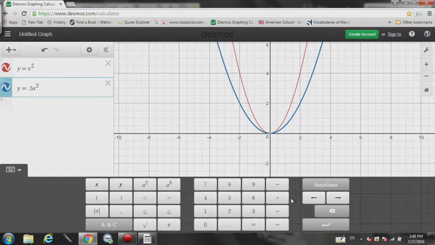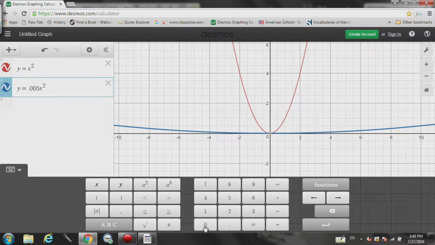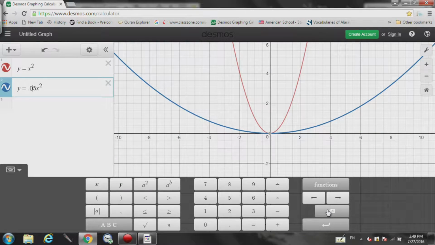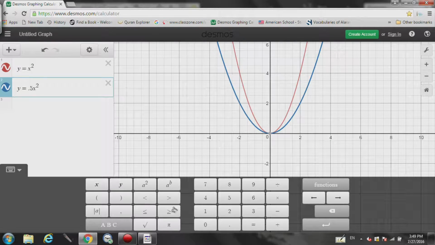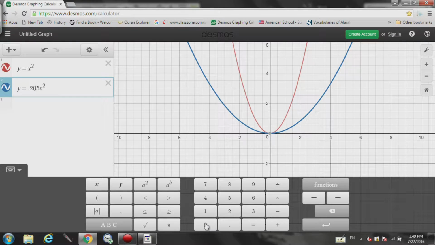What if I make it like 0.05? You see it's going slower. You don't want to be paid that, right? How about another 0 there? See what happens. So it's going to make it fatter. Let's make it 0.25. Oh, look at this.